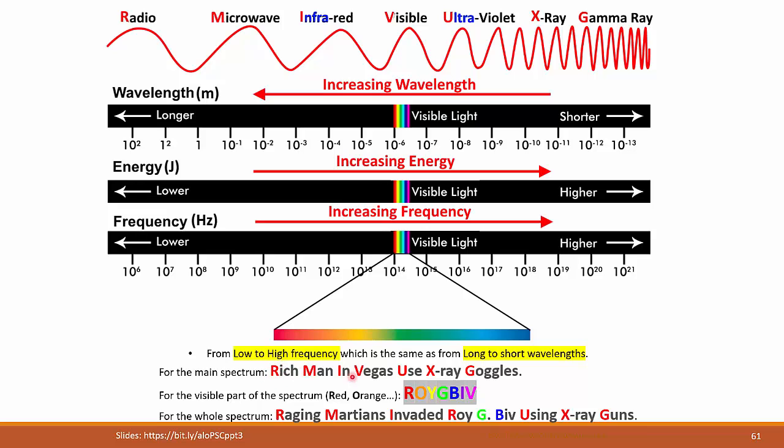The first letter of each word is in red, matching up with the first letter of each of these words. For example, goggles corresponds to gamma rays, use corresponds to ultraviolet, etc. So that would be a mnemonic to help us remember the order of these.